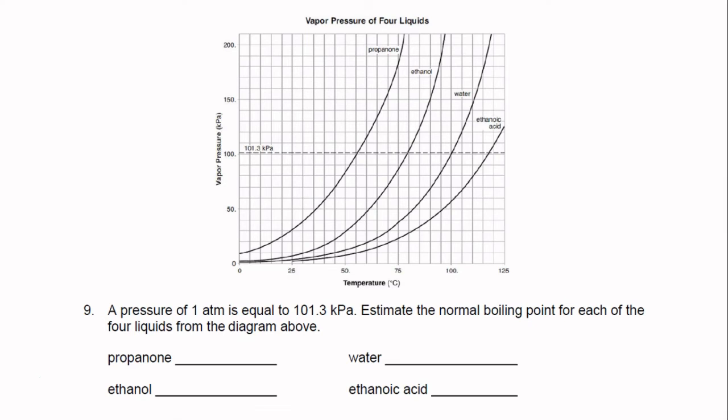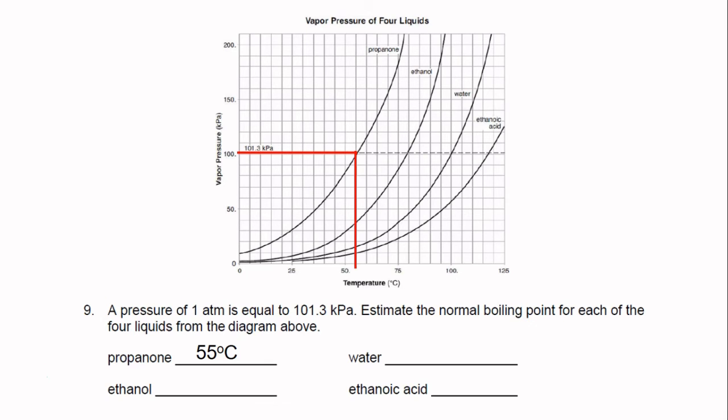Estimate the normal boiling point for each of the 4 liquids from the diagram above. All we have to do is draw a horizontal line at that particular pressure value, and wherever it intersects the curve, we go down to the x-axis and we estimate the temperature at which this liquid would come to a boil. So the normal boiling point for propanone is 55 degrees Celsius.